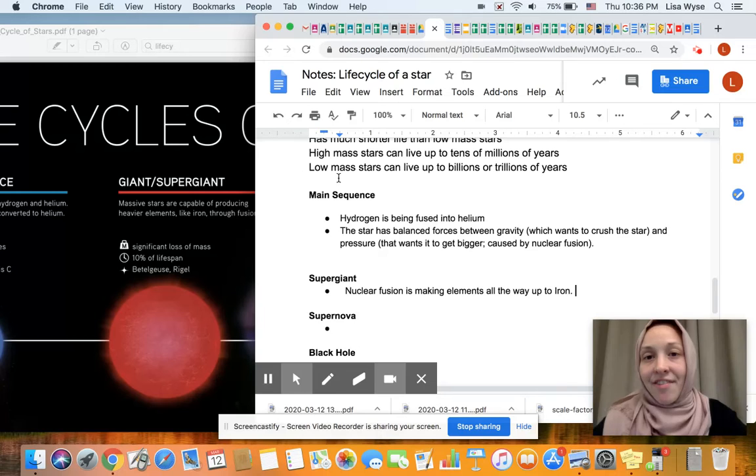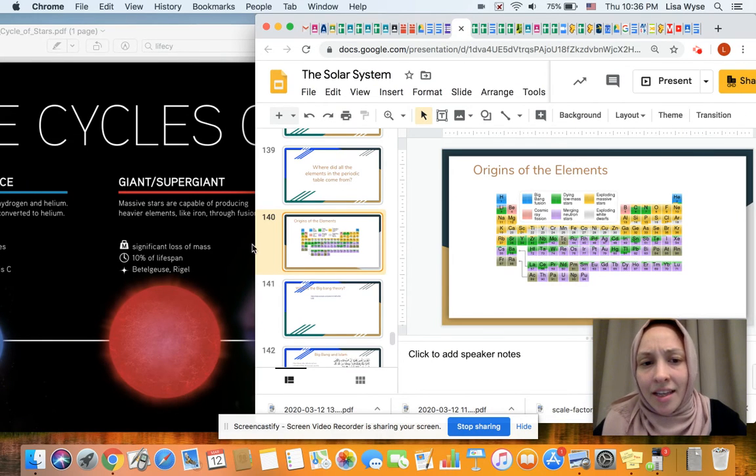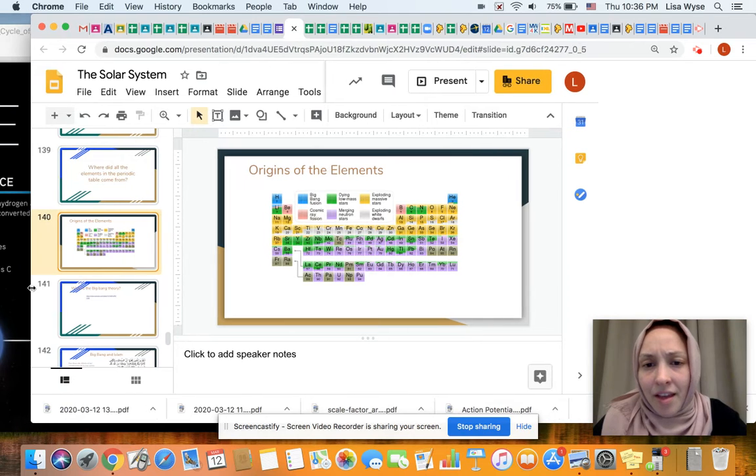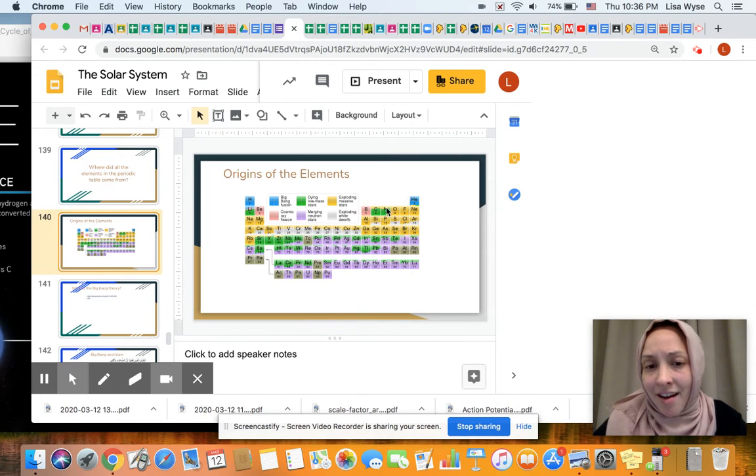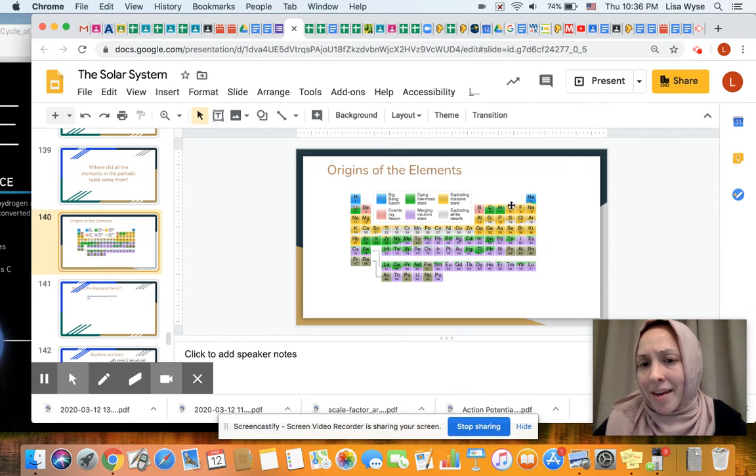If I were to pull up a periodic table, let's just look at one quickly. The low mass star was making carbon and oxygen. With my high mass star, we're going to make all of these elements, all of these elements, all of these elements up to iron.